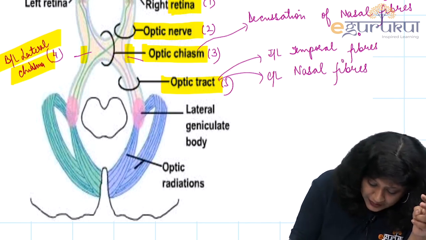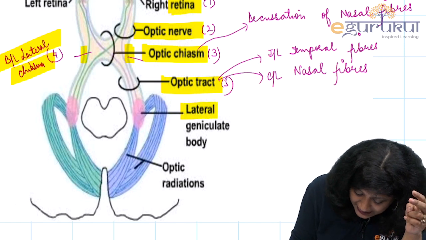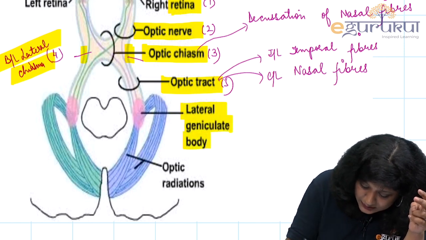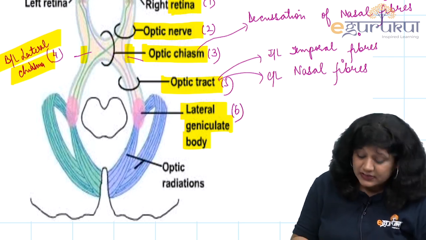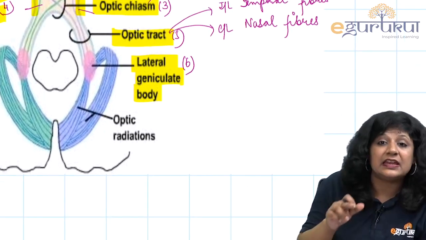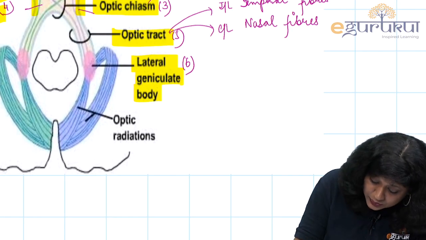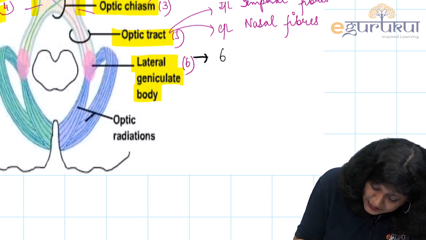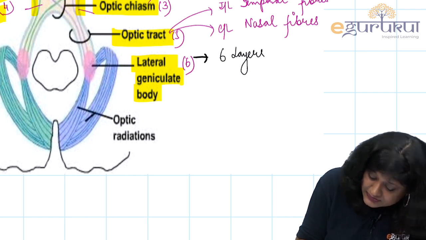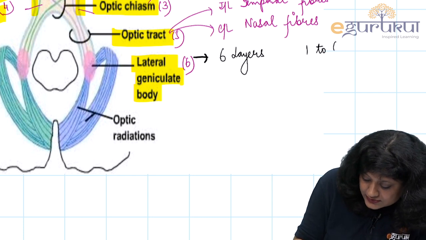From the optic tract, it is going to the lateral geniculate body. So this becomes your number 6, the lateral geniculate body. Lateral geniculate body is again important because it consists of the 6 layers, 1, 2, up to 6.